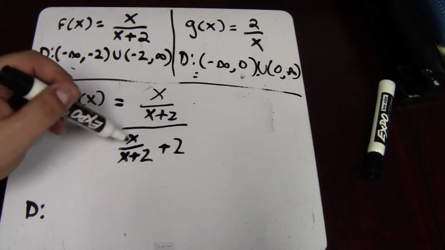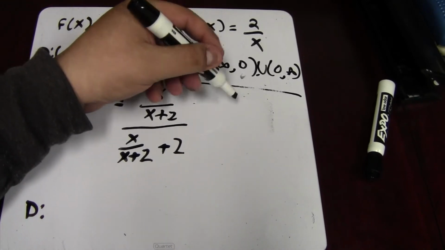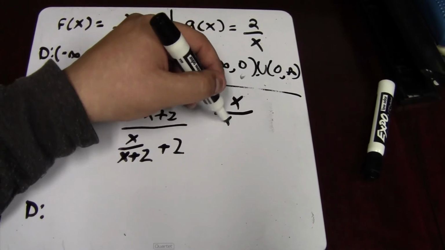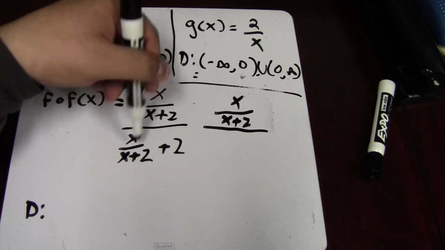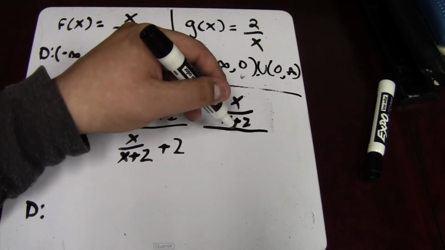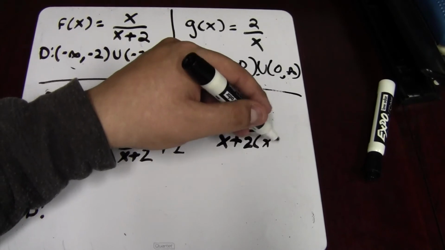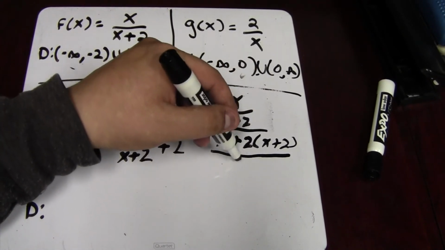Let us first get a common denominator at the bottom here. So that would give us x over x plus 2. And doing the common denominator part here, we would have (x plus 2) times (x plus 2) all over x plus 2.